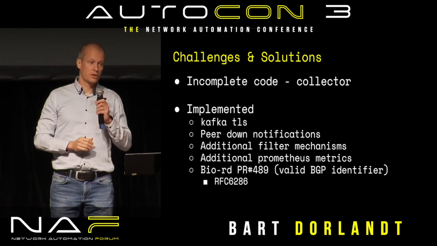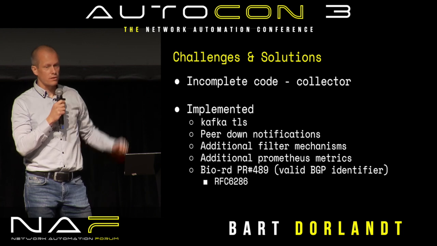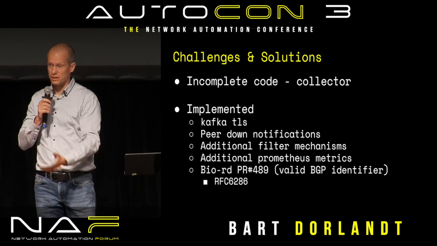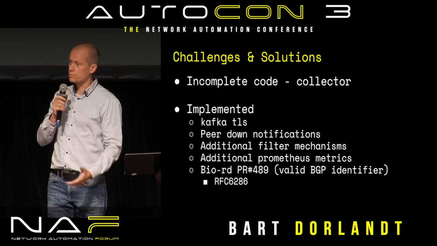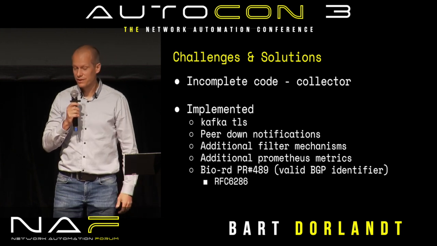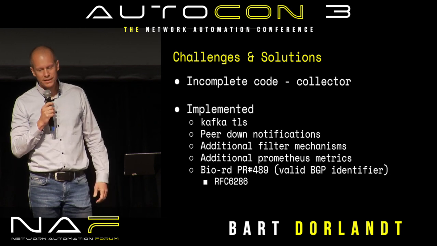What we didn't get was peer down notification. So the database was saying, yeah, these prefixes are all alive and announced and all is good, while the router was saying the whole peer is down, so you don't have those prefixes. So missing were peer down notifications. It's kind of important to flush everything from the database as well.